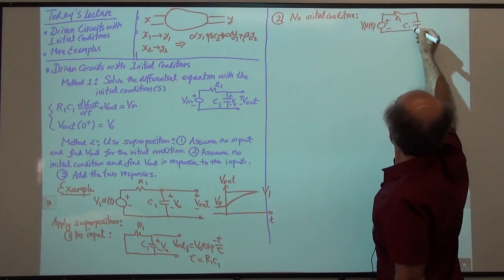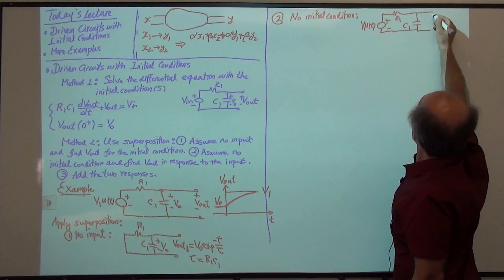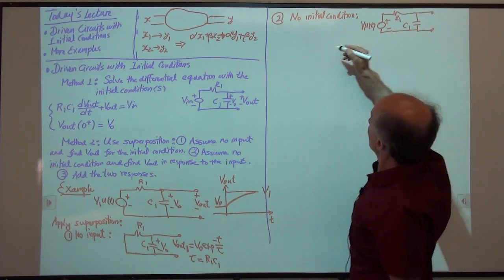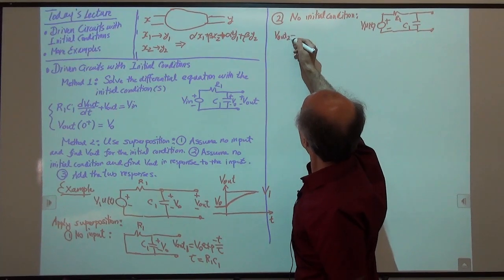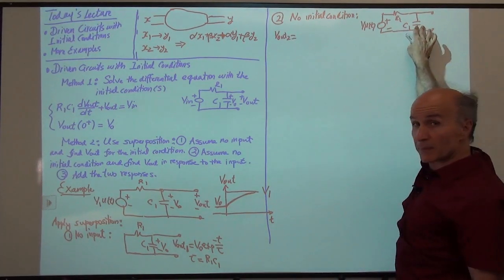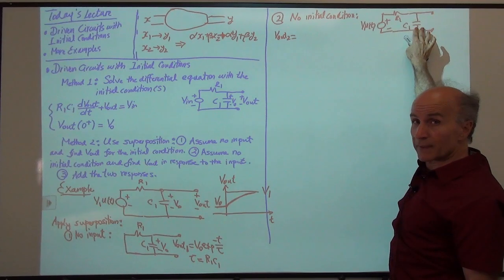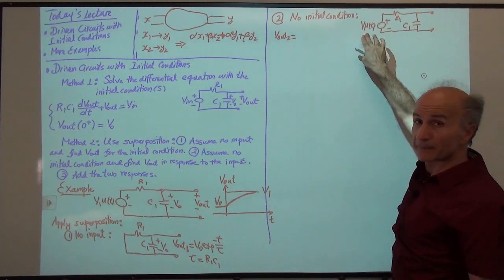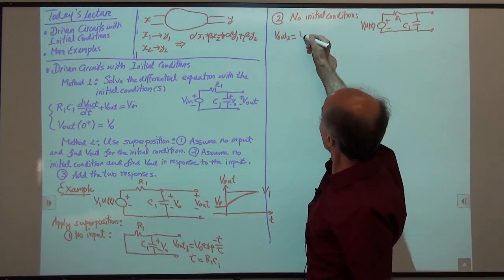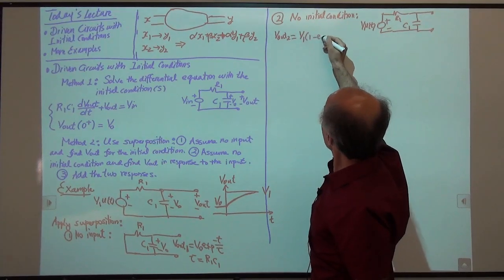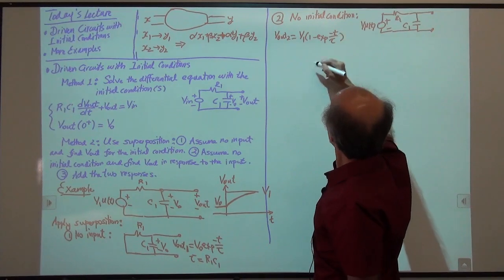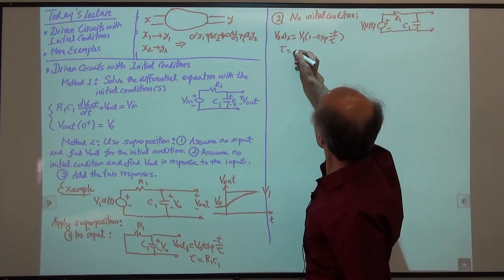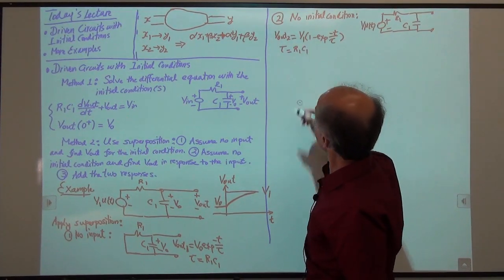The capacitor starts with the zero initial condition. So that's easy, right? So we can, in this case, say V out 2, meaning for step number 2, this voltage starts from 0 and goes towards V1, this value here. So that would be V1 times (1 minus exp of minus t over tau), and tau is equal to R1 C1.